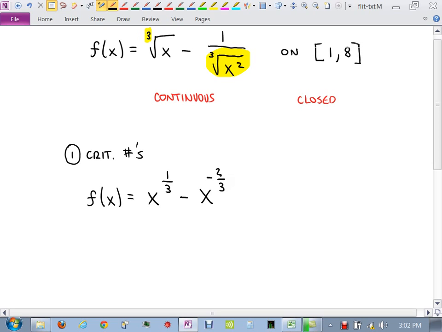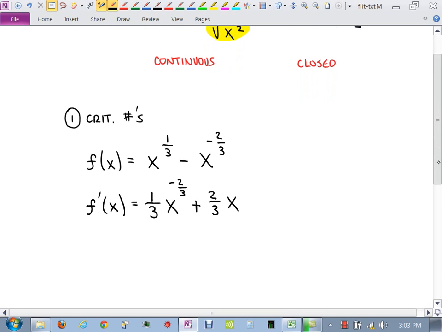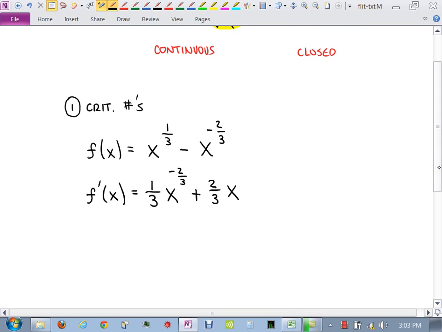Now the derivative. Is everyone okay with that one? Okay. Derivative now is 1/3 x to what power? Negative 2/3 plus 2/3 x to the what? You see it? Negative 5/3? Okay.